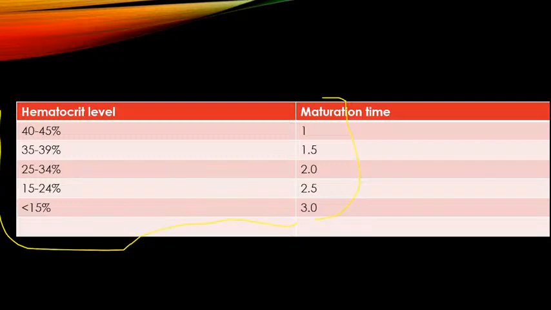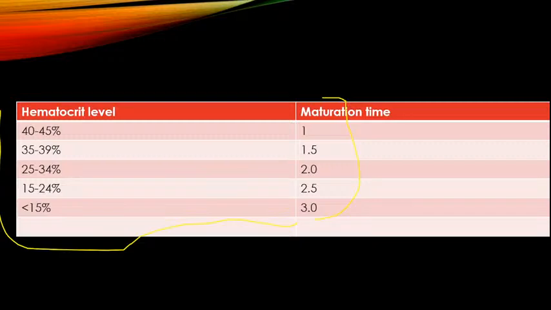Maturation time usually is 1 day for hematocrit levels at this stage, okay? And for 35 to 39, it's 1.5. And as it decreases, so does the maturation time increases. So both of them are basically inversely proportional.